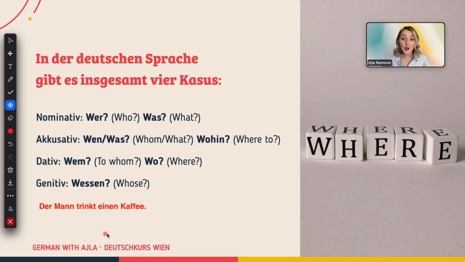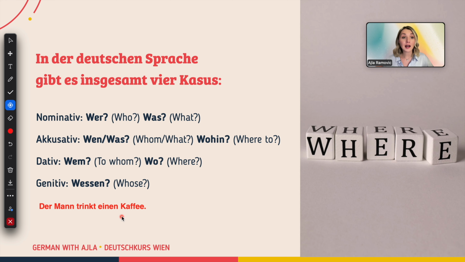But then we have einen Kaffee, a coffee. He is drinking a coffee. Einen Kaffee here is answering the question wen oder was, whom or what is he drinking, meaning this is the object, the direct object of the sentence.